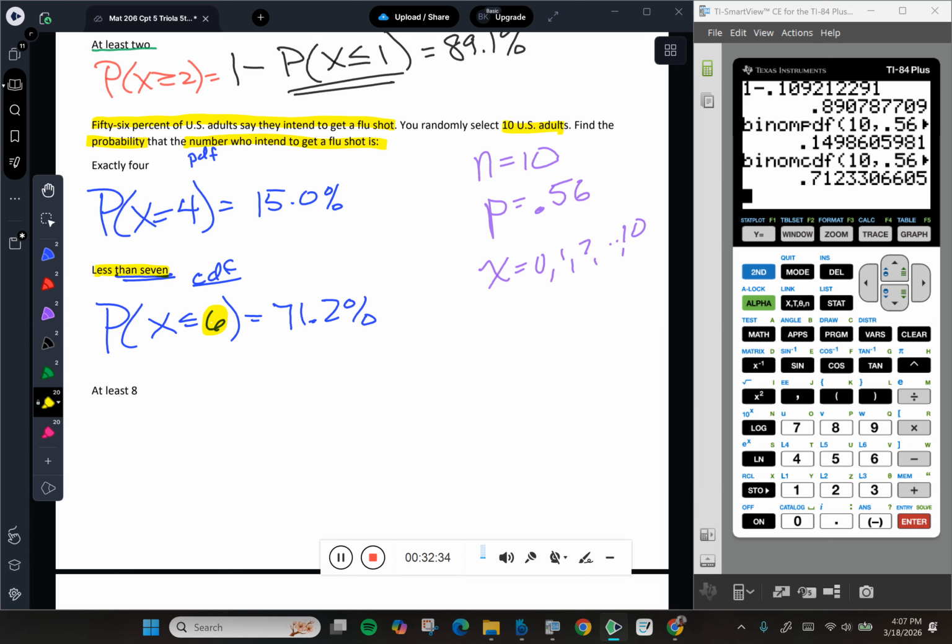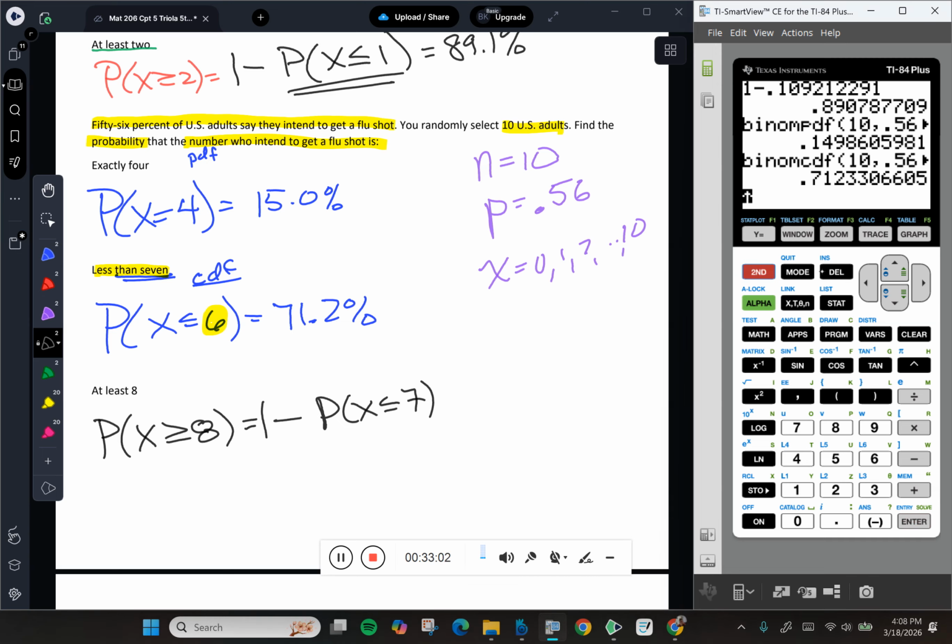Okay? All right. Last one, at least 8. That means we want the probability that X is greater than or equal to 8. Right tail problem, can't do it directly on the calculator. So I'm going to rewrite it as 1 minus the probability that X is less than or equal to 7. Turning a right tail problem into a left tail problem because the calculator can do that.